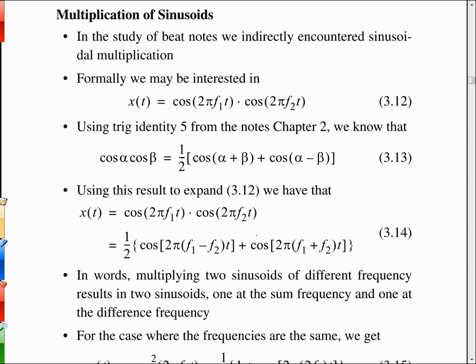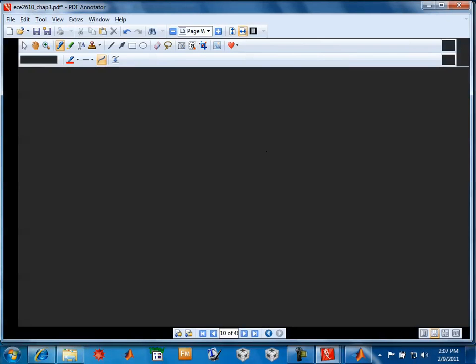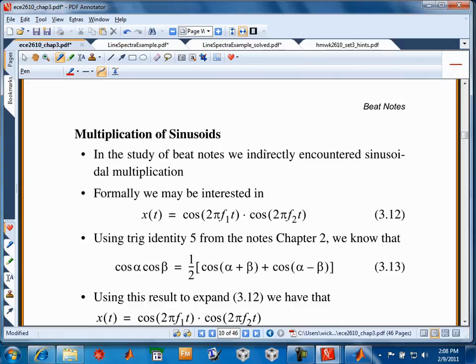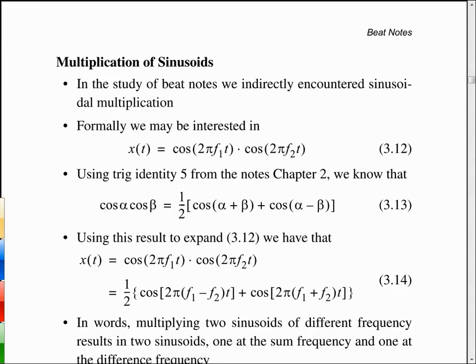Okay, what we saw in looking at the beat notes was that we had an occasion to bounce into the trig identity that says cosine times cosine is the cosine of the sum and the cosine of the difference.